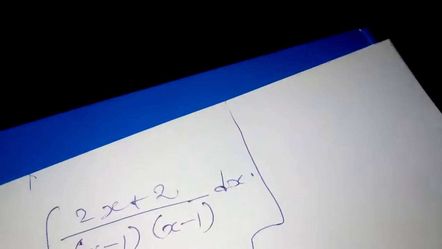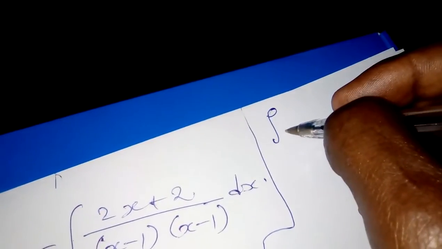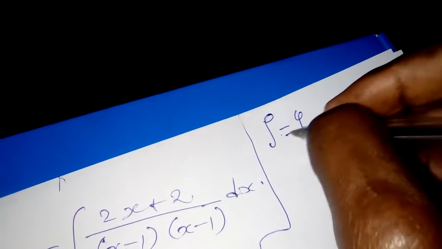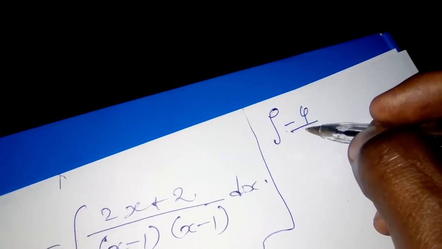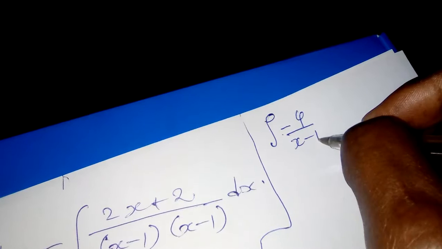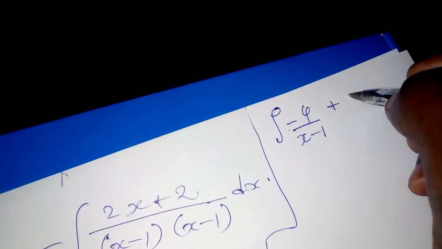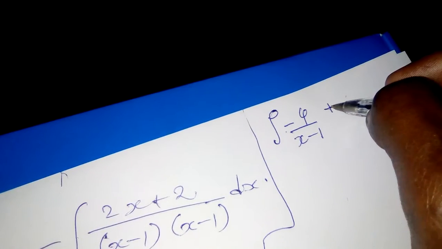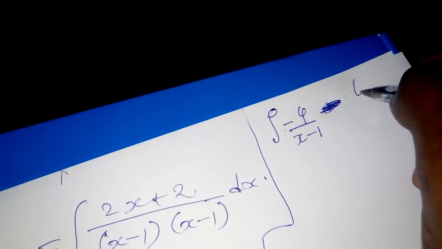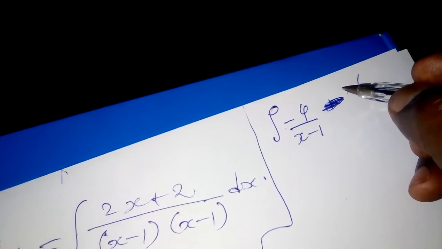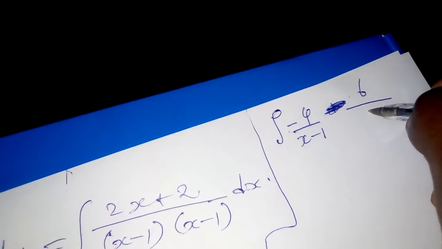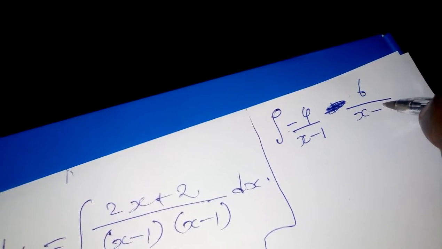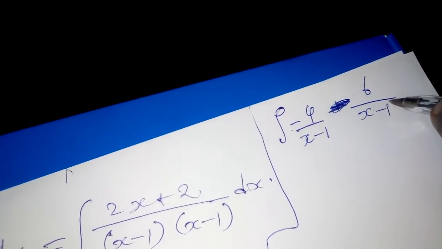Okay, so when I replace, I'm going to get the integral of, while there is A, I'm putting negative 4, so I'm going to have negative 4 over x minus 1, then plus B, B is negative 6, so I'm going to have minus instead of plus. This is minus 6 over x minus 1 squared.